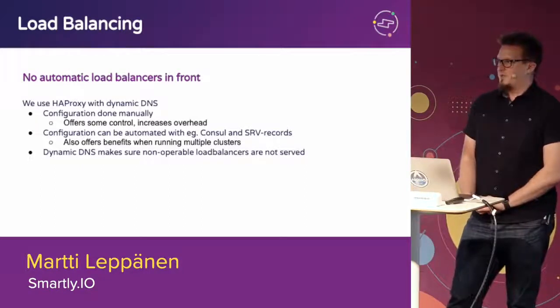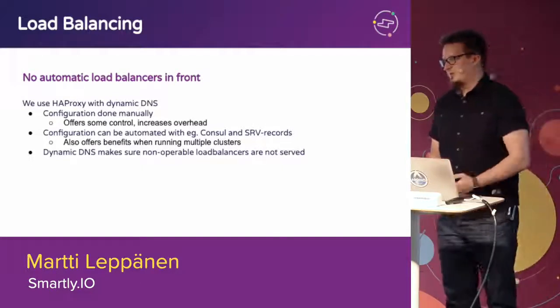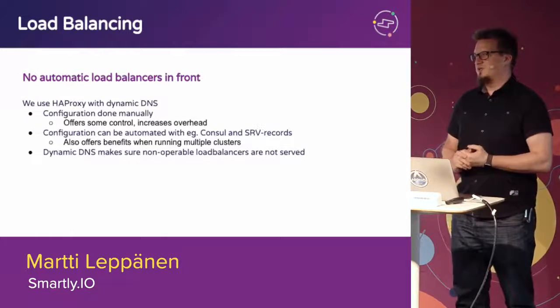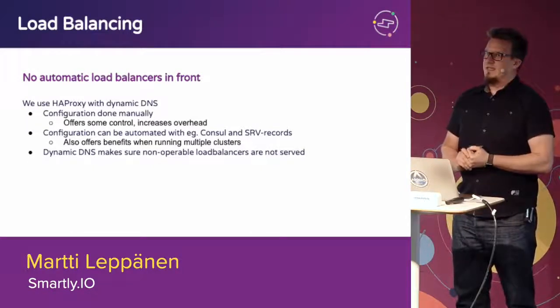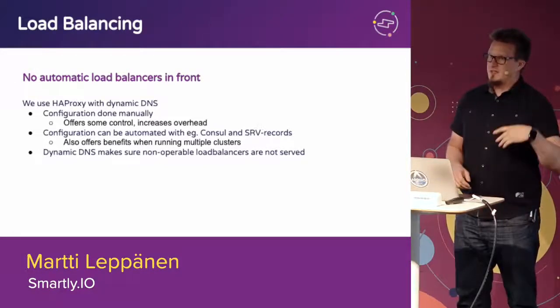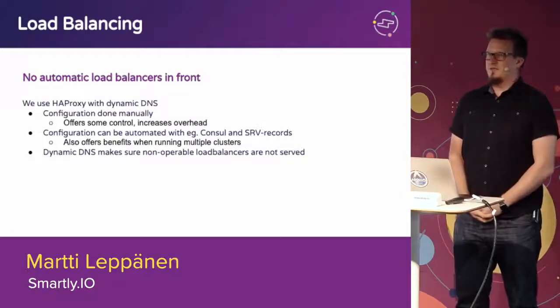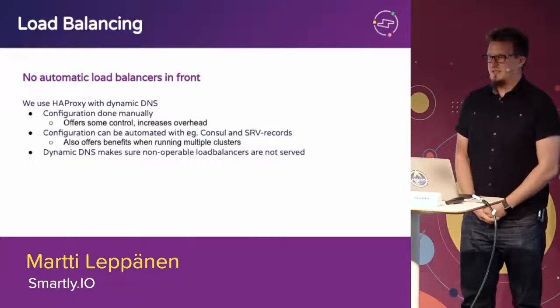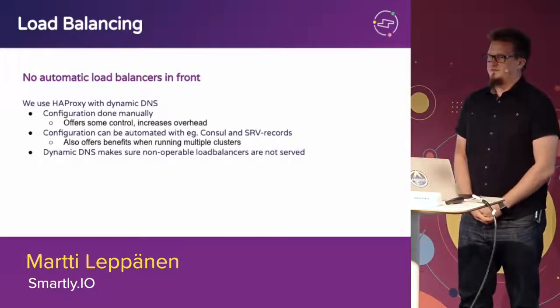For us, we're doing quite a lot of manual work to be able to configure the different routes and different paths on where applications need to be found. It offers us some control, but obviously it increases overhead. It's not fun for a developer to come to the DevOps team and ask for a certain path in the URL to redirect to their Kube service.